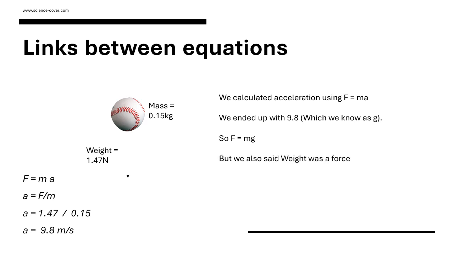We also know that weight was the force pulling the ball to the ground. So we can substitute this into the equation, and now we have W equals m times g. So the equation weight equals mass times gravity is just another way of writing force equals mass times acceleration.